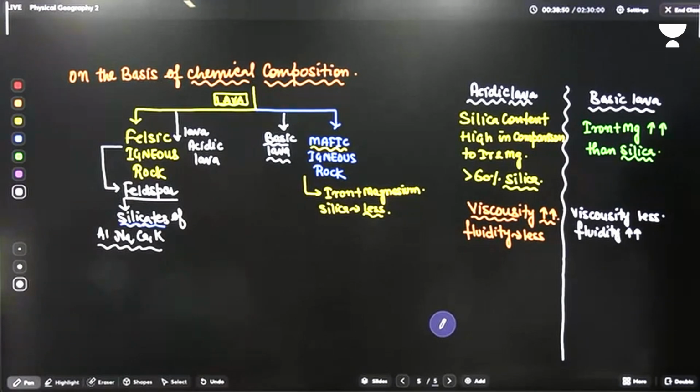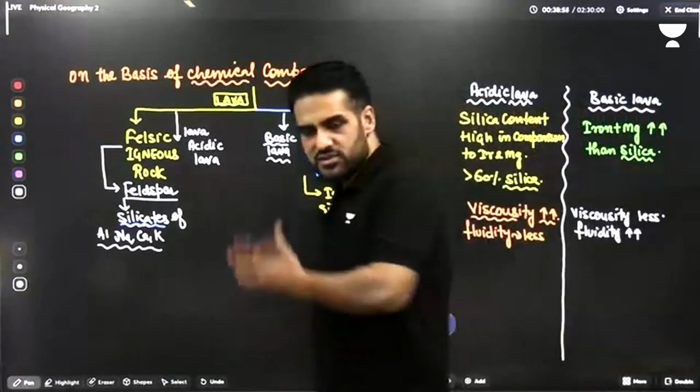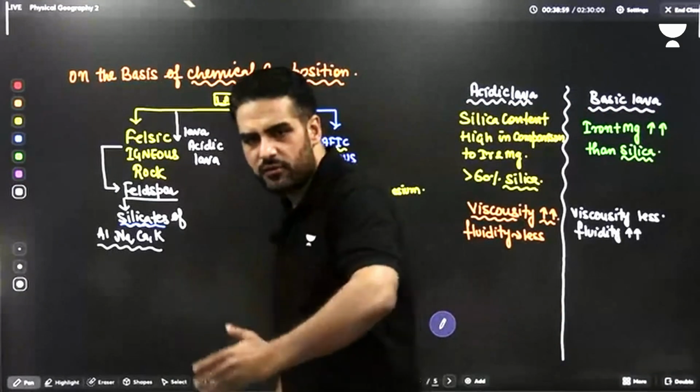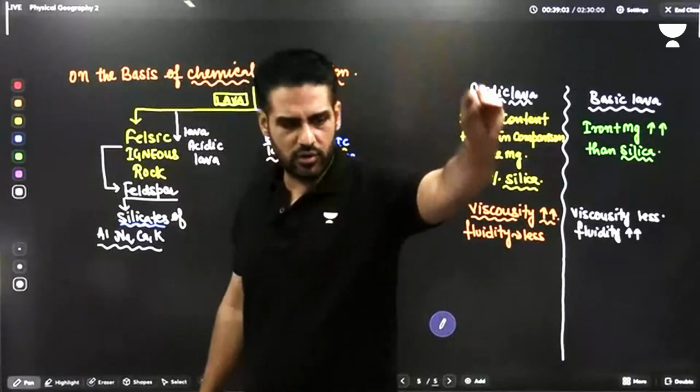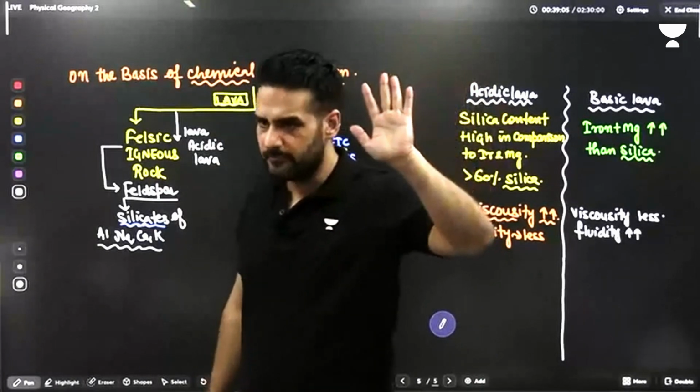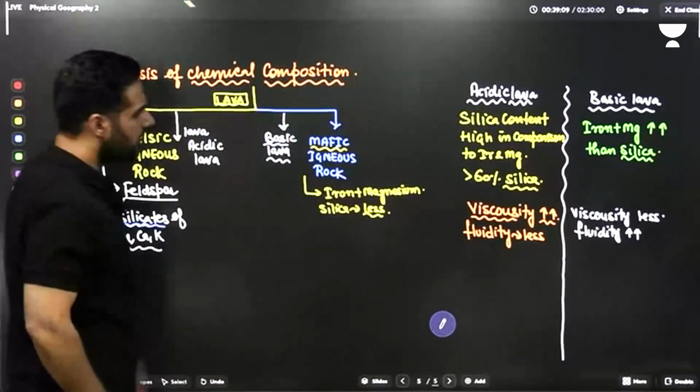Less. So it will try to accumulate there around the neck. But in case of basic lava eruptions, what is fluidity? High. So the lava will travel for several hundred kilometers, and then keep on solidifying. Is this clear?